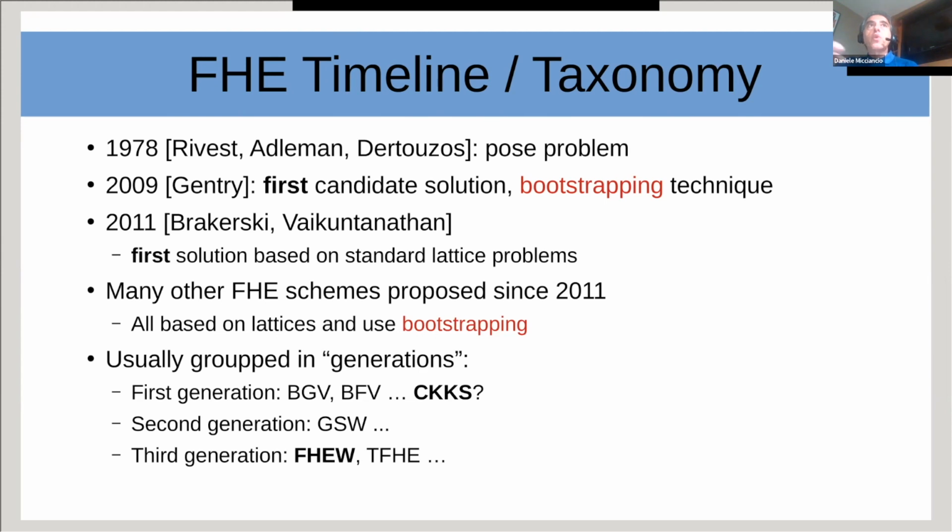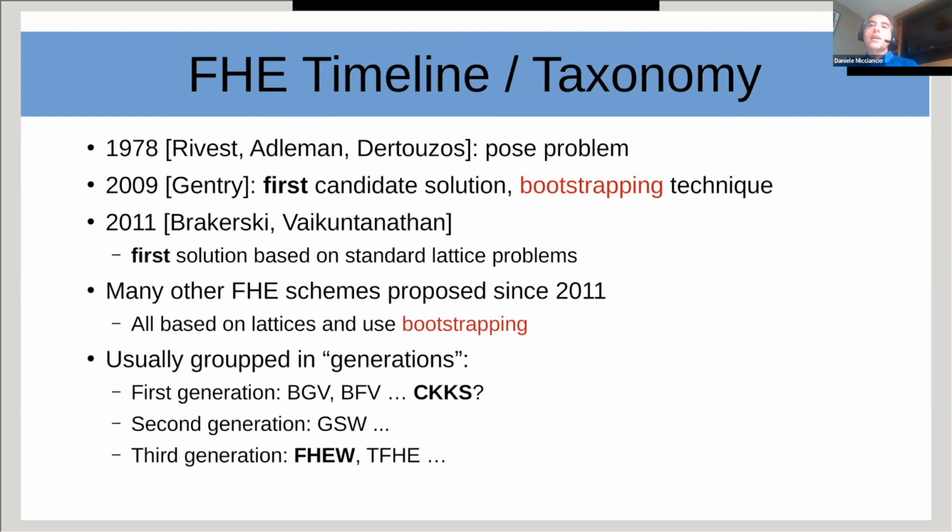And some of these features were used just as a technical tool to build a third generation of schemes that started with a scheme proposed by Ducas and Micciancio in 2015, that using GSW just as an internal building block to perform bootstrapping, proposed a different method to perform fully homomorphic encryption that uses a very simple scheme, like a standard LWE-based encryption scheme supporting only addition, and then it gets to fully homomorphic encryption by combining that with what we may call a functional bootstrapping operation.